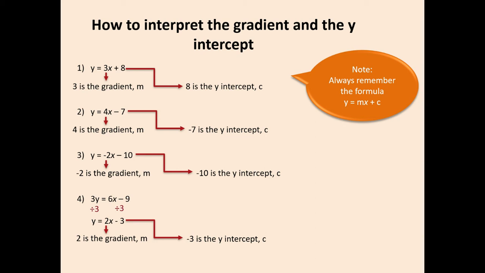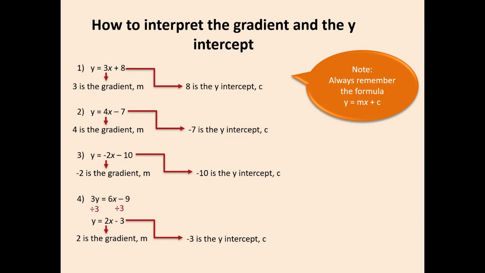Just from the equation alone, I don't even need to draw the graph. So my gradient here would be 3 for the first one, and my y-intercept would be 8. Question 2 now, y is equal to 4x minus 7. The m, my gradient, is 4, and the c would be minus 7. So minus 7 would be the y-intercept.